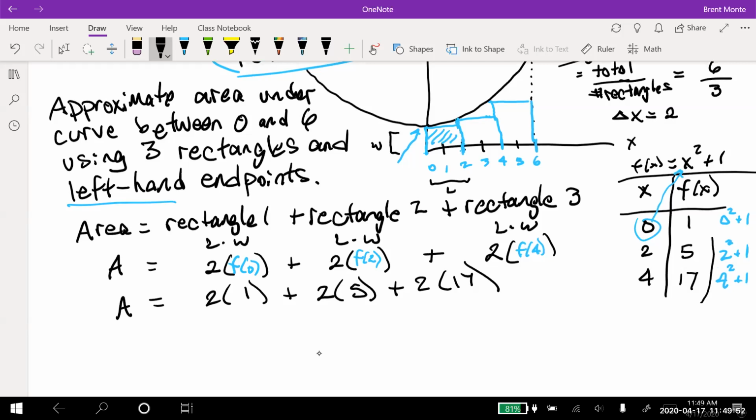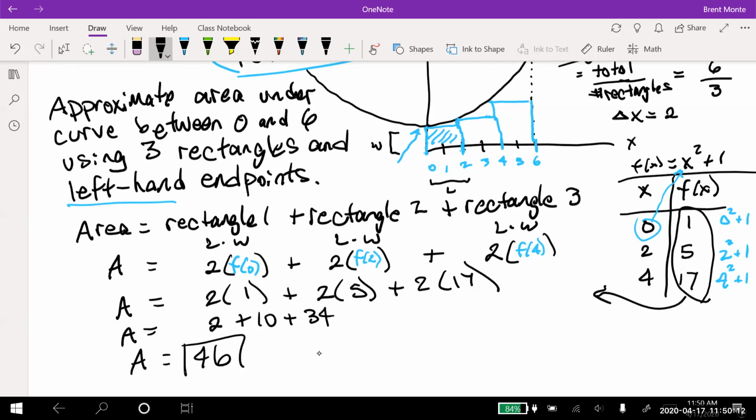I'm just taking these numbers here and plugging them in. Well, that's going to be easy to calculate. 2 plus 10 plus 34.